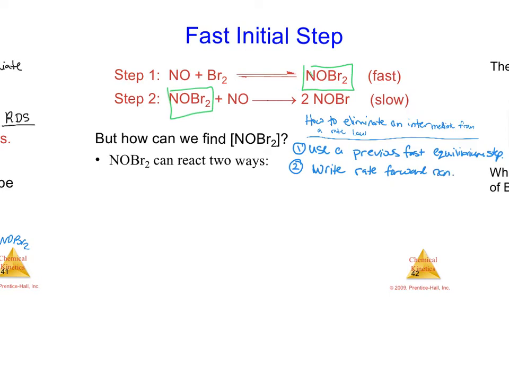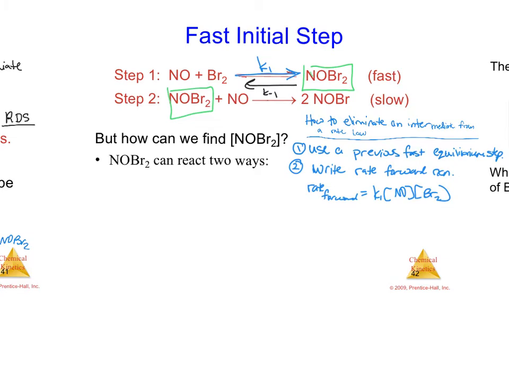Remember, my forward arrow is k1, and the reverse arrow is k minus 1. So the rate forward equals k1 times [NO] times [Br2]. The rate of a forward reaction is always equal to the rate constant k1 times whatever is at the tail end of the arrows.